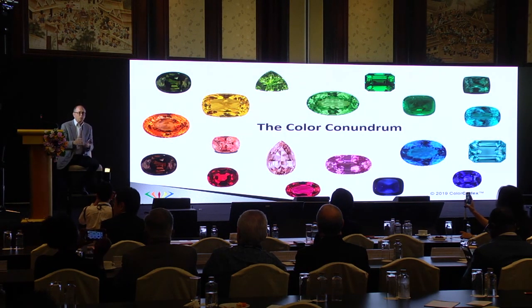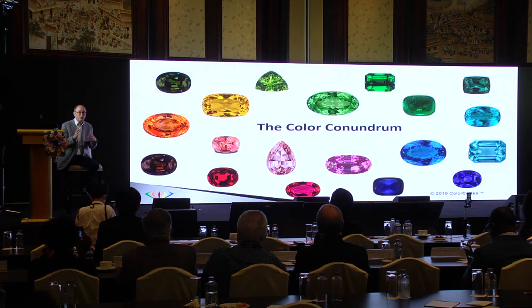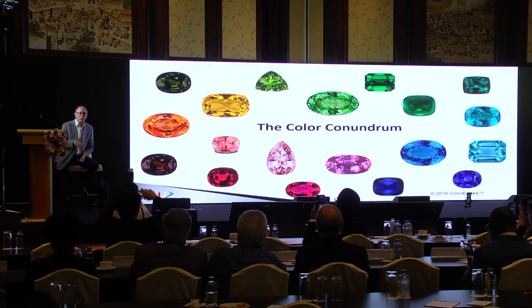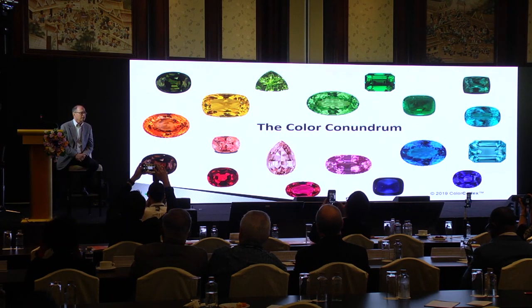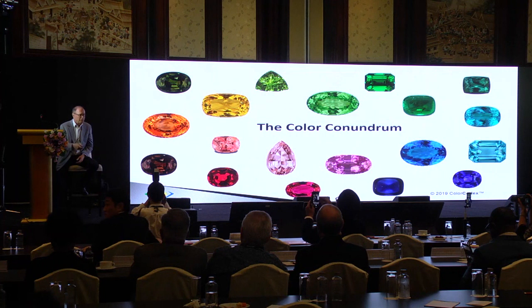Outside of colorless or white diamonds, the industry is all about color. We've been around for centuries, and yet we still struggle with the means to accurately or consistently describe color, reference color, set boundaries for color varieties, and so on and so forth. I find this ironic because this is what we're all about.